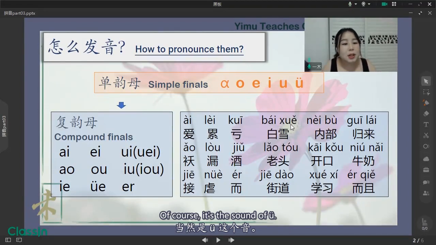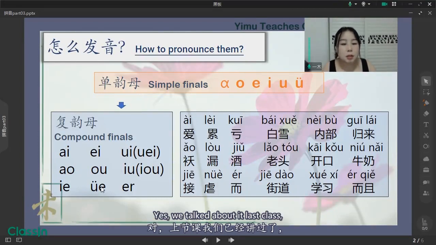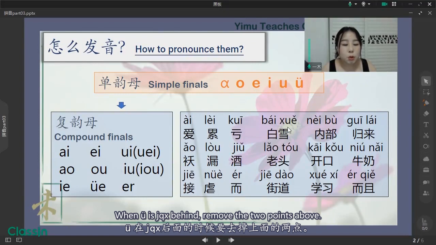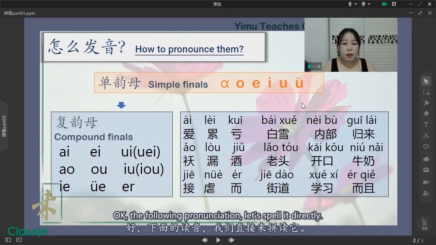Of course, it's the sound of x. Where is this point? Yes, we talked about it last class. When it comes after j, q, x, remove the 2 points above. So let's read it again. 雪, 白雪.